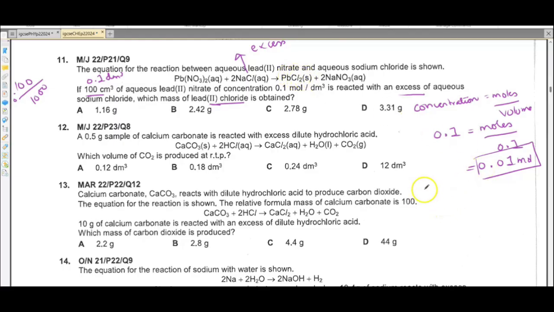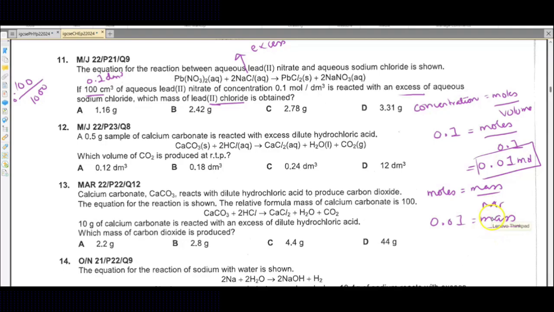So once we know the moles, we can find the mass. Moles is equal to mass by MR. We know that we use this formula when a solid is involved. So 0.01 moles we have, mass we are going to find, and the MR for PbCl2 is 278.